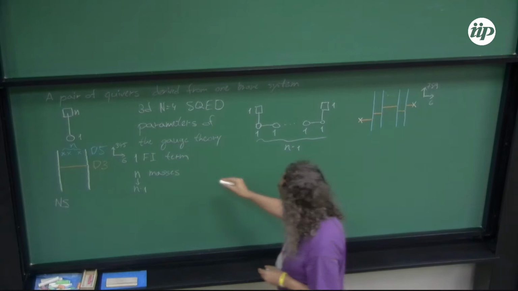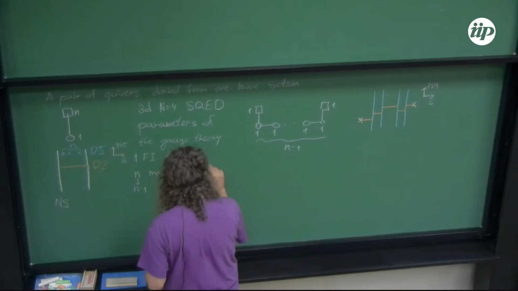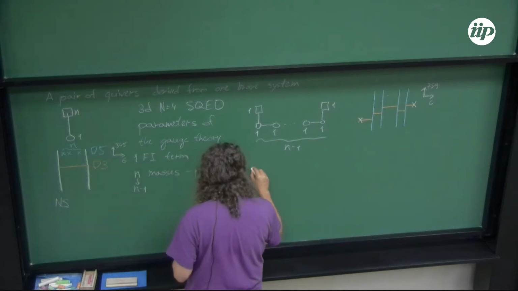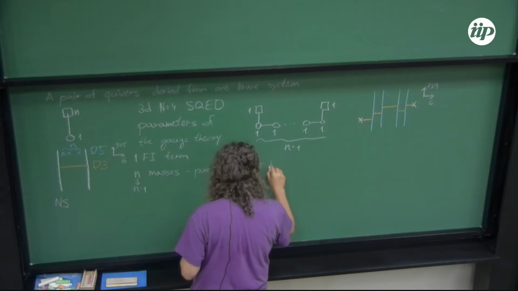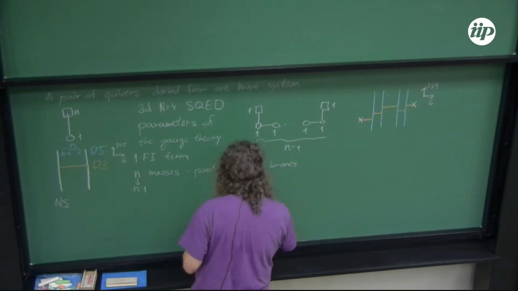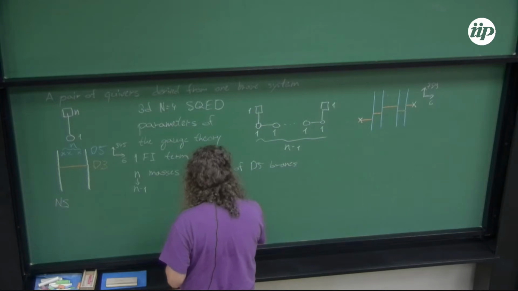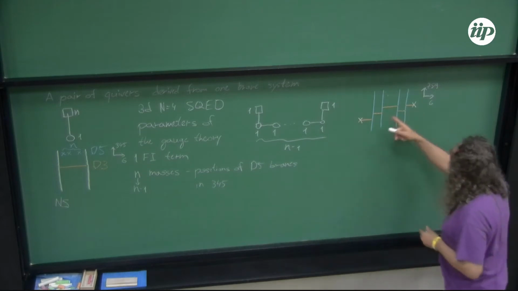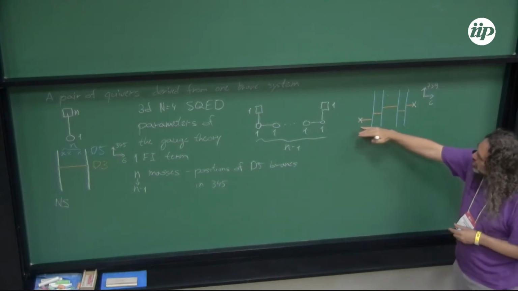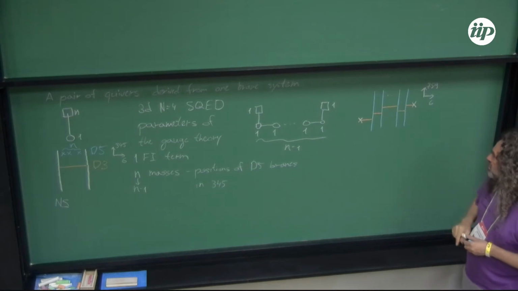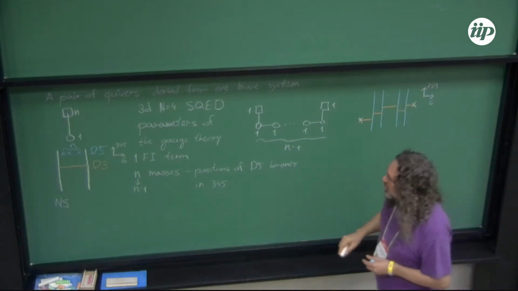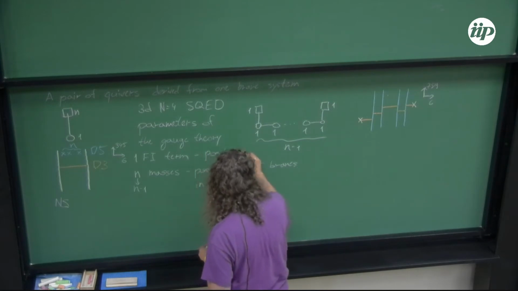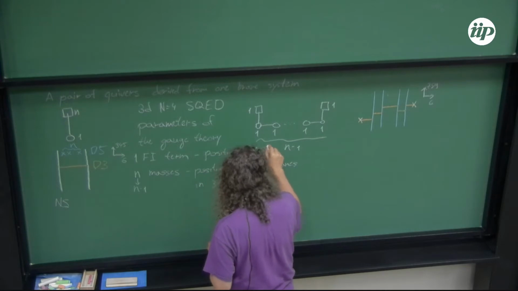Well, let me also say that these are positions of D5 branes in the 3, 4, 5 directions. On the other hand, here, I have the position of the 2 Neveu-Schwarz 5 branes in 7, 8, 9. So the FI term is the position in R3.